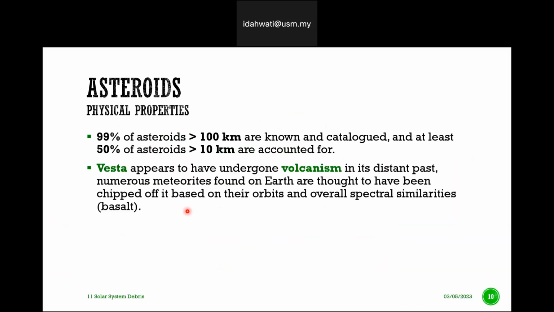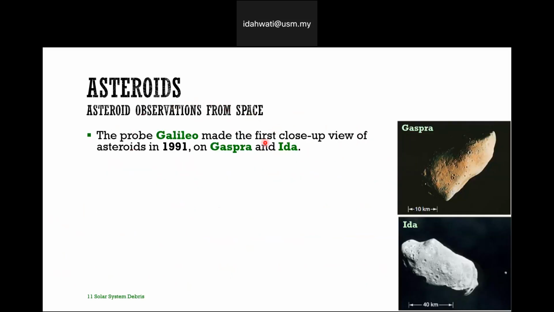So we go to asteroid observation from space. Here we have Kepler and Ida. This one is the probe. The probe Galileo made the first close-up view of an asteroid, on this object and this object.